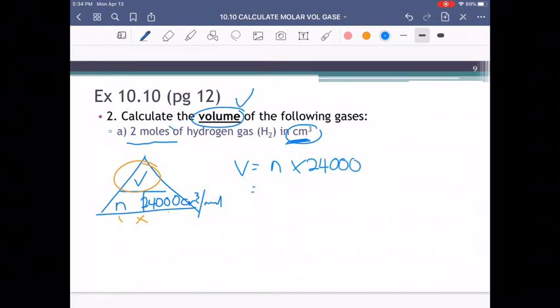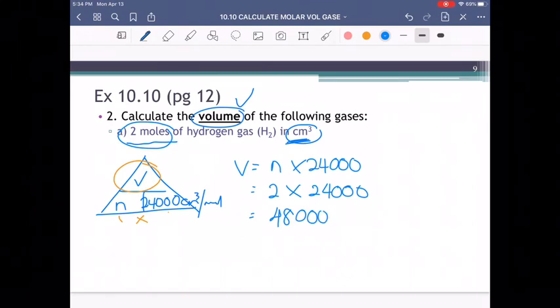Just put the number here, 2 times 24,000. Therefore you should get 48,000 cm³. See, same unit, cm³. Make sure you fulfill the unit that I wanted.